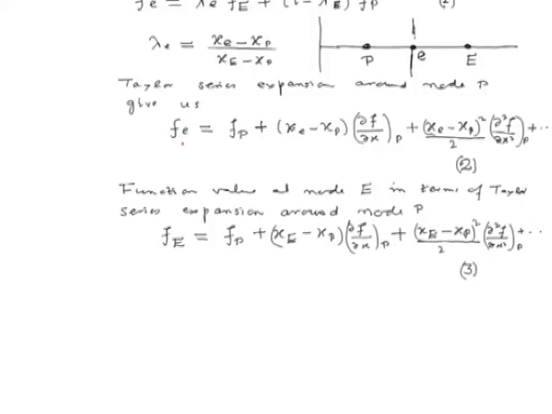Now, let us eliminate the first order derivative terms so that we can obtain an expression for f e in terms of the function values using equations 2 and 3. So, let us multiply equation 2 by x capital E minus x P and equation 3 by x e minus x P and subtract these two.